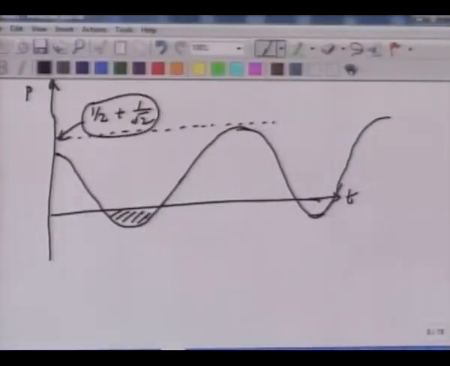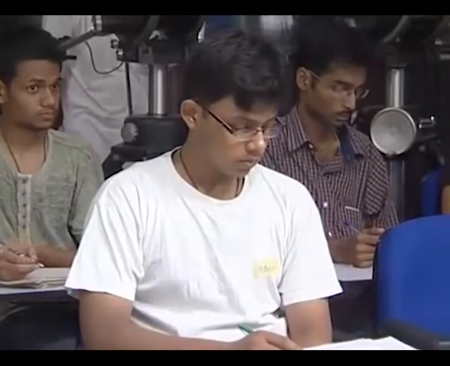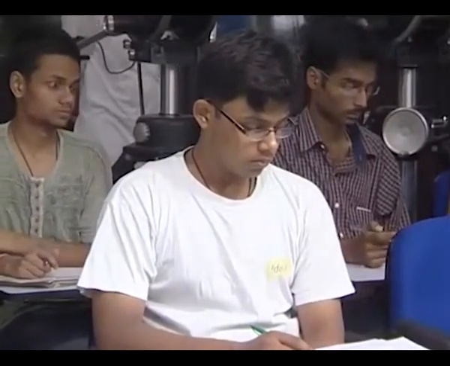This is something we have to understand, because we will be mapping some of these concepts into the acoustic domain as we move on, which you will see either in the next class or the class after that one. So again, average power remains the same if the resistive load does not change.